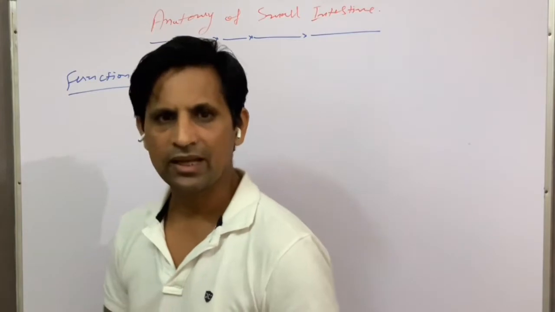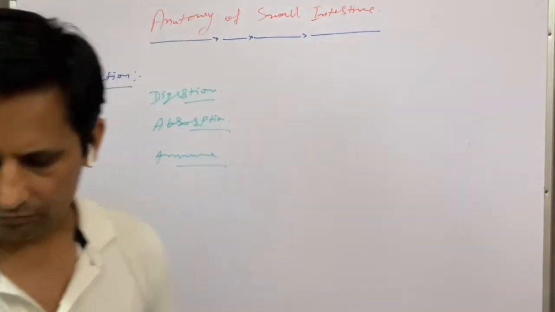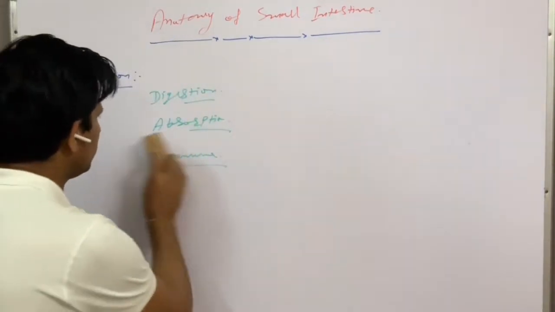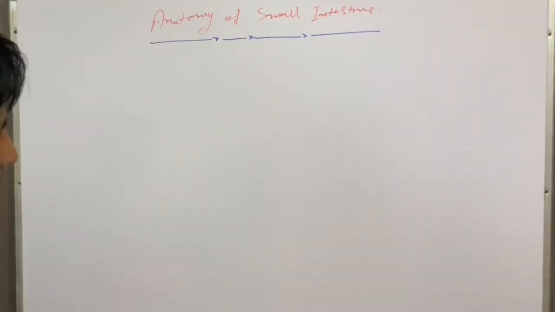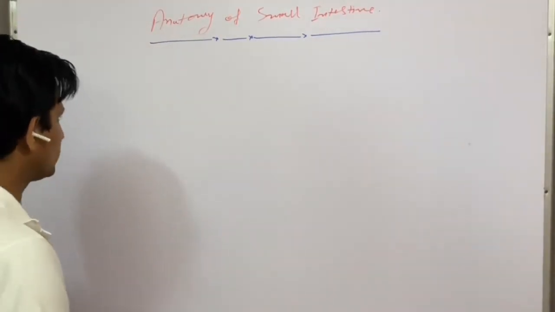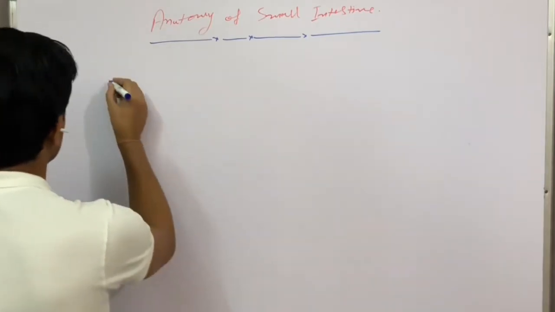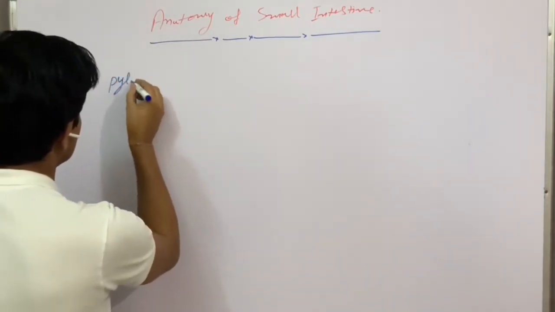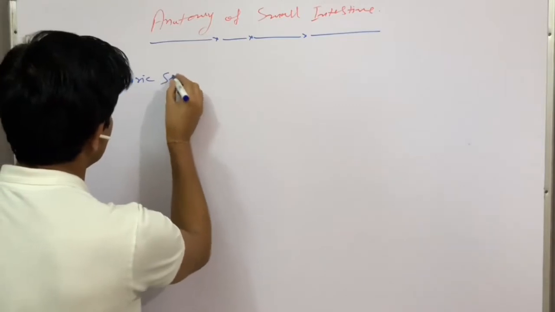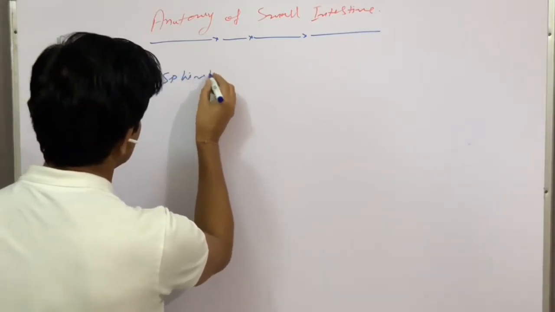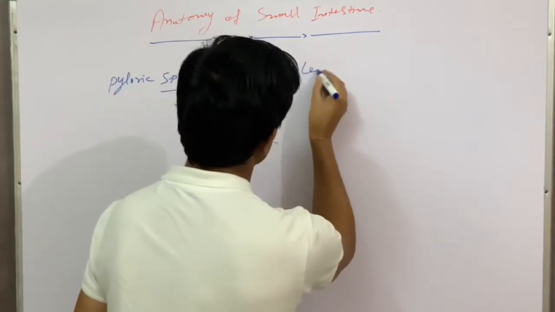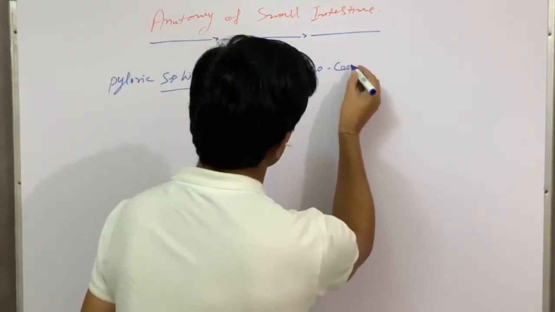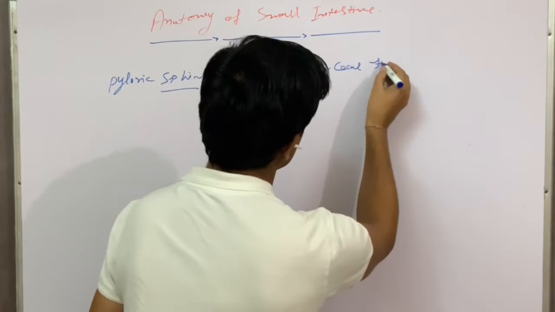Let's start with the extension of this tube. It starts from the pyloric sphincter, or the pyloric orifice, and extends to the ileocecal junction.